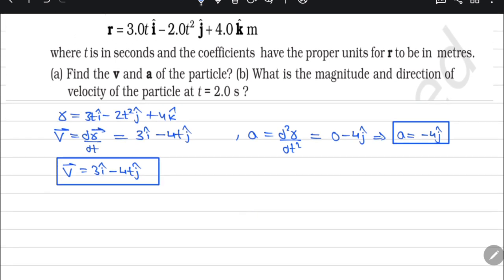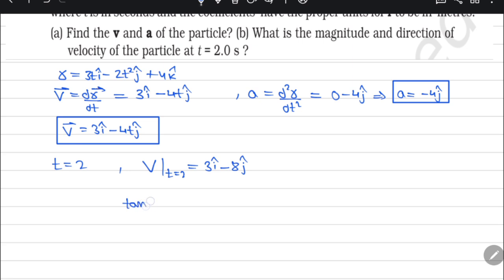Understand? And what they are asking is the magnitude and direction of the velocity at t equal to 2 seconds. We can find the velocity at t equal to 2 seconds, which is 3 i cap minus 8 j cap.